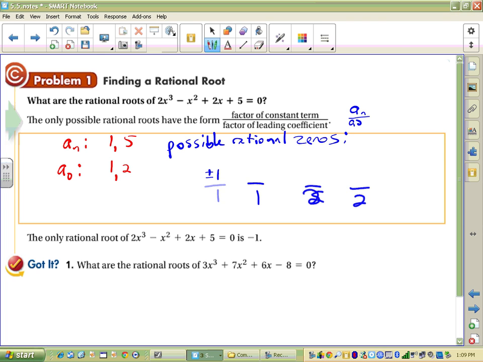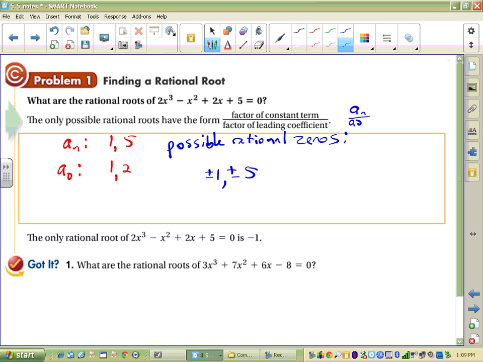So we've got plus or minus 1 and plus or minus 5. Those are a sub n's factors. And then we're going to have plus or minus 1 divided by 2 and plus or minus 5 divided by 2. Okay? So hopefully this example helps to clear this up a little bit.